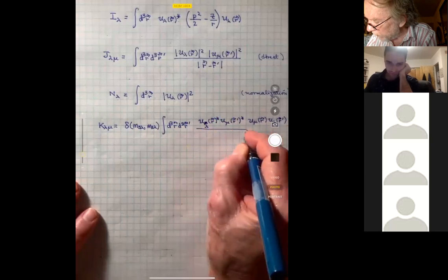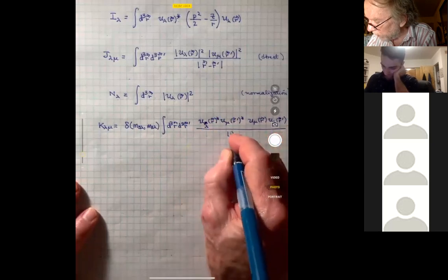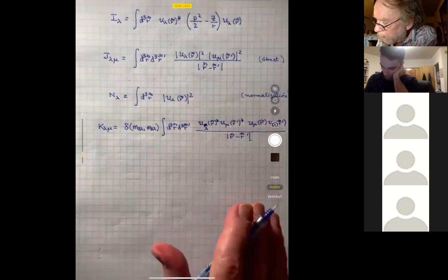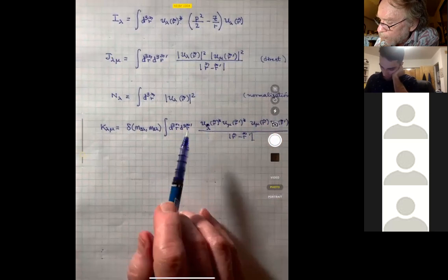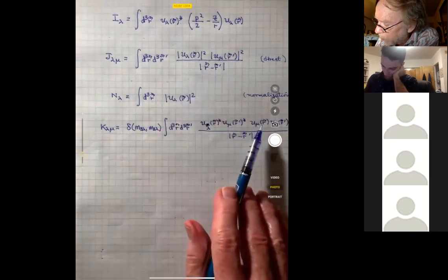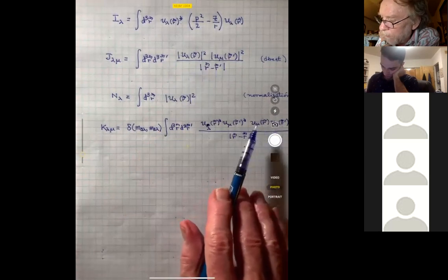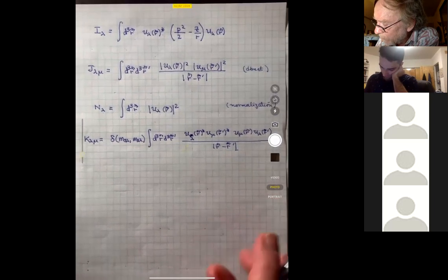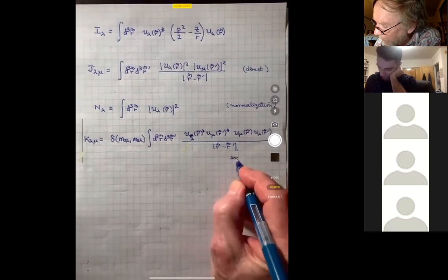And this is divided by the Coulomb denominator, the magnitude of r minus r prime. So this is actually just the same as in the J, except there's been a swapping of labels on the kets that were on the right hand side. All right. And these are called the exchange integrals.